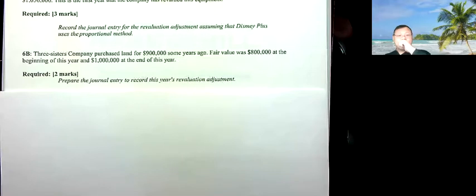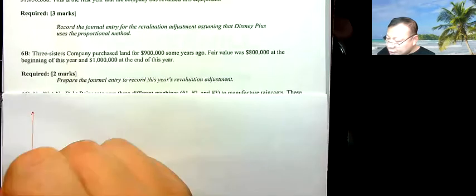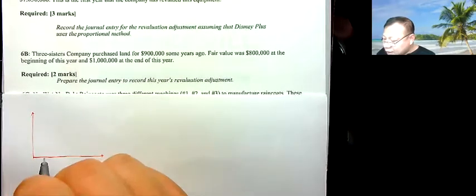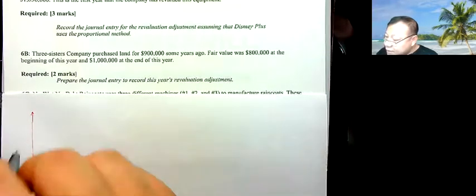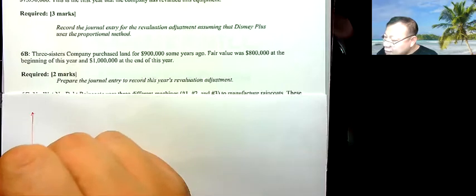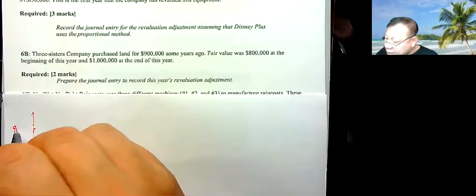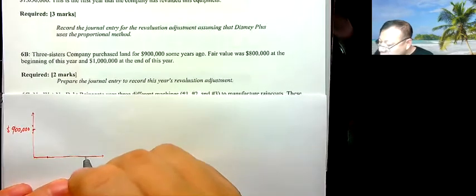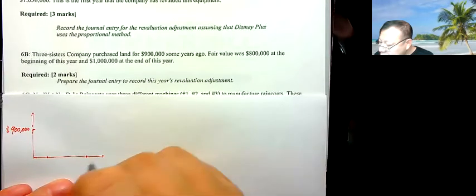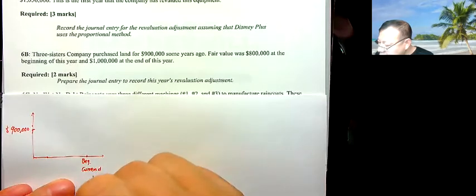Okay, so if I draw a picture, a graph, basically, when you first buy it, some years ago, originally, this is 900,000. That's how much you paid. Here, this is the beginning of this year, current year.